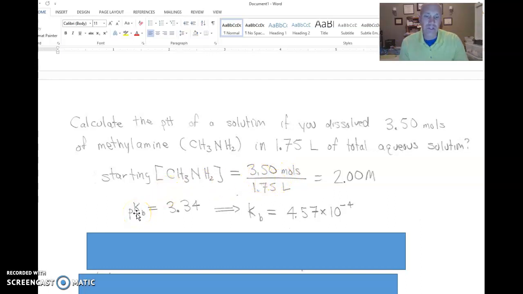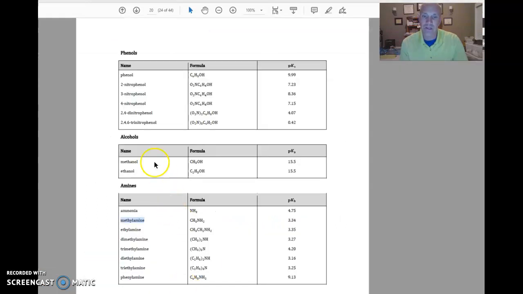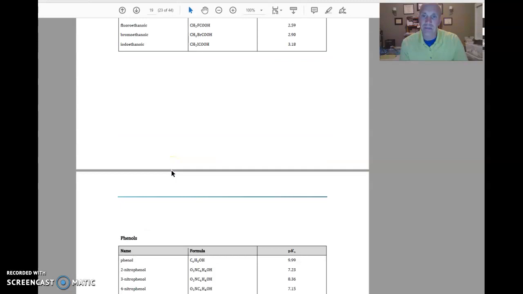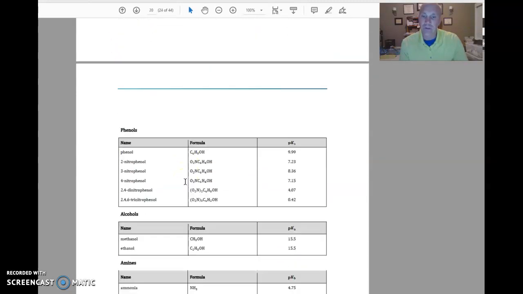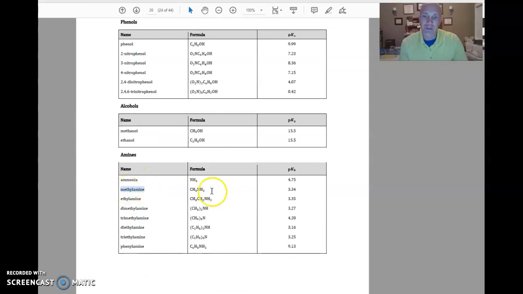All right, so some additional information that we're going to need to do this problem has to do with the strength of this particular base. The strength of bases is given by the pKb or the Kb. So for that, we're going to go to the data table, and this is actually in table 21. You click through, and we can find methylamine right here.